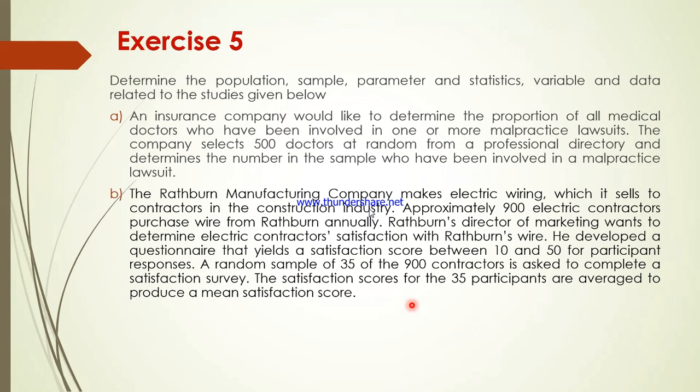If you are writing, then I will make the discussion. Otherwise, I will close this exercise and move to the next section. If you want to get the answers for this one, please write your answers in the chat box.